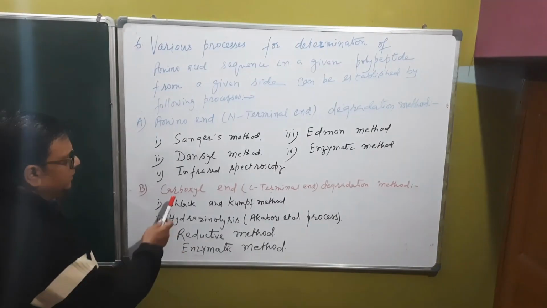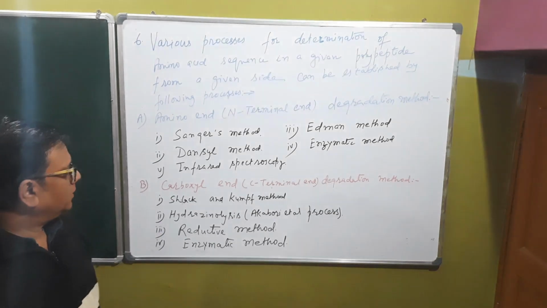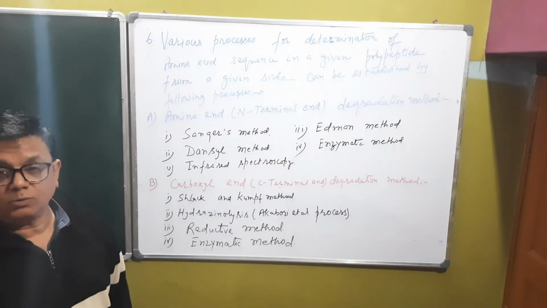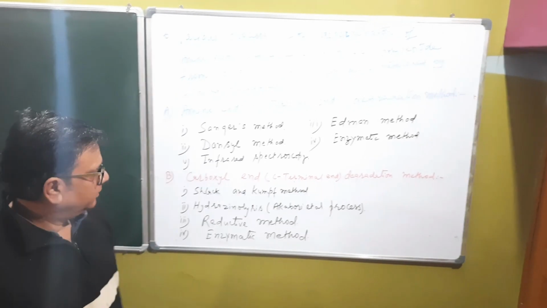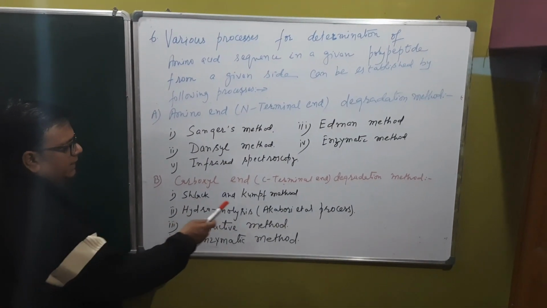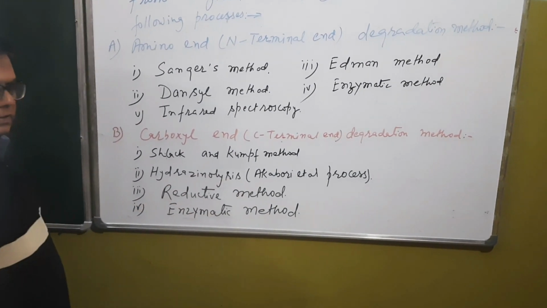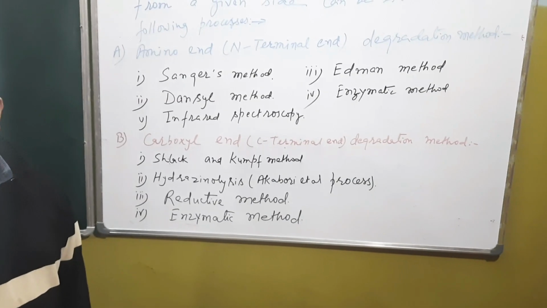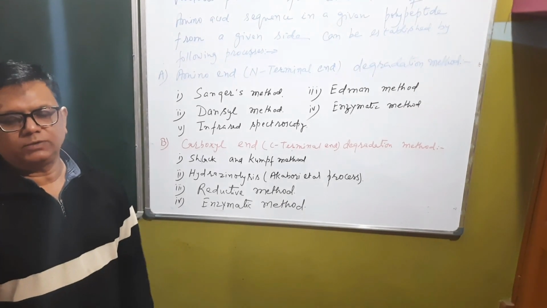Now, when determination of the sequence of amino acids is done by the carboxylic end degradation method, the following processes have been reported: Schlack and Kumpf method, and hydrogenolysis. As you know, that is reaction with hydrazine. It is associated with reaction of the polypeptide with hydrazine.